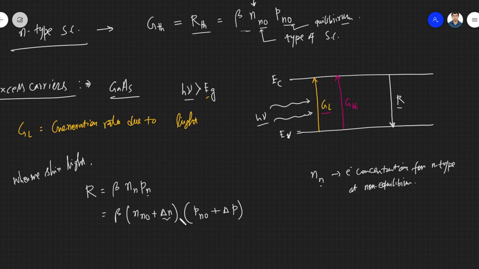Because we have this delta N and delta P, they are the excess carriers because of light. And definitely this delta N should be equal to delta P, charge neutrality. The number of electrons generated must be equal to the number of holes generated due to this light absorption. So they must be equal.